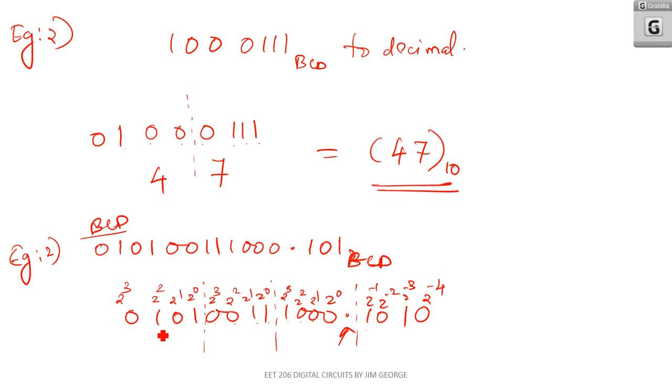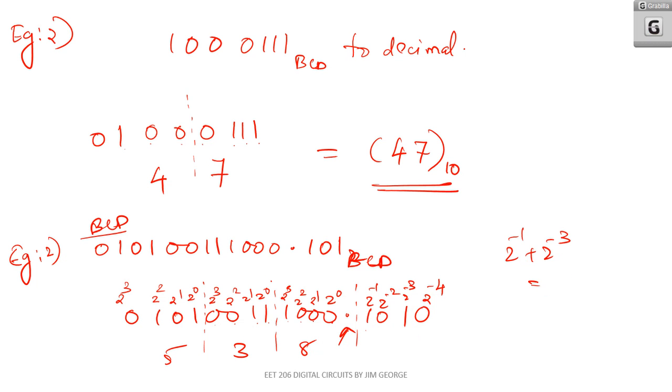So here what is the answer? 2 square, 4 plus 1, that is 5. What is 0011? That is 3. This is 8. Now here you need to add all these things: 2 raised to minus 1 plus 2 raised to minus 3.